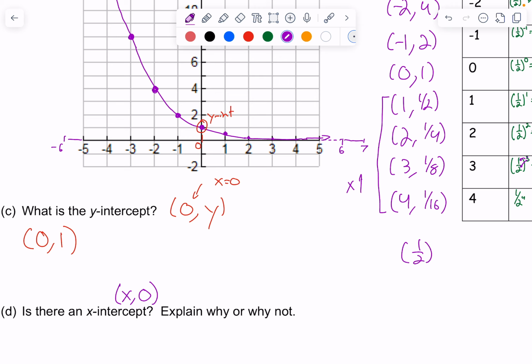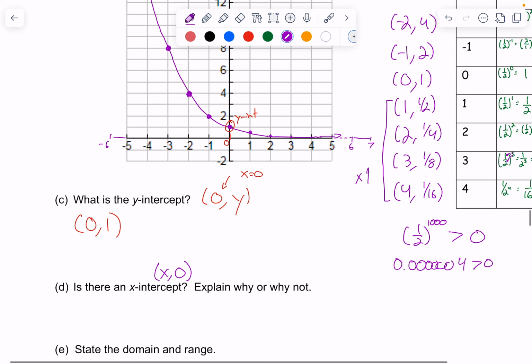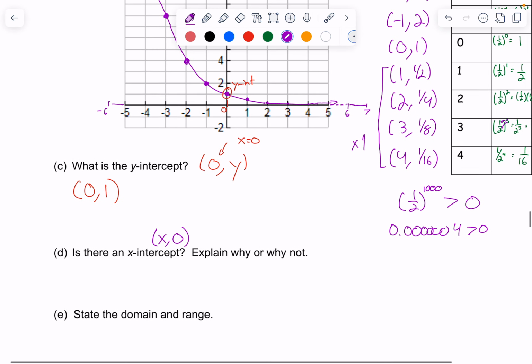1/2, if you put it to the power of a really large number, like 1,000, is still bigger than 0. Yes, it's really small, something like 0.000004, but it's still bigger than 0. So just like in your previous problem, there is no x-intercept. No x-intercept.